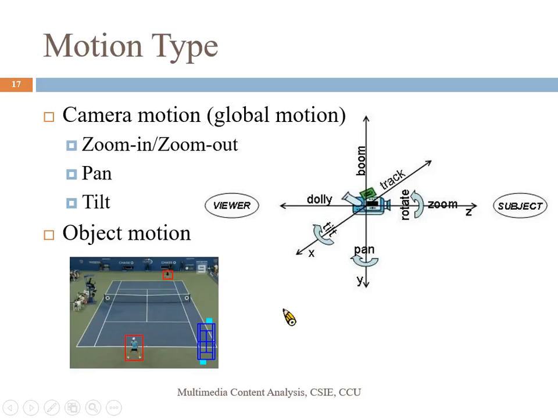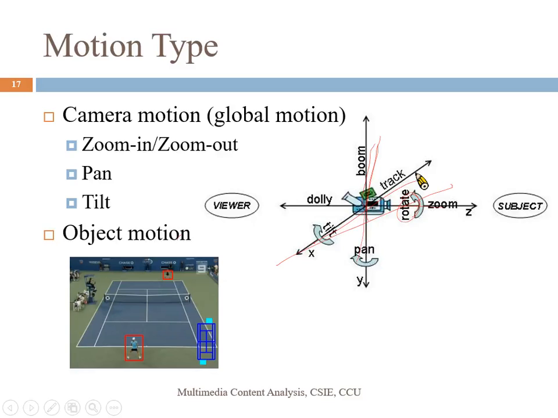For motion-based features, we can describe camera motion and object motion. Camera motion means the motion happens because of the camera move. There may be several types of camera motion, like zoom in, zoom out, rotation, booming, that is moving up and down, and pan, where the camera doesn't move but the viewing angle changes from left to right.